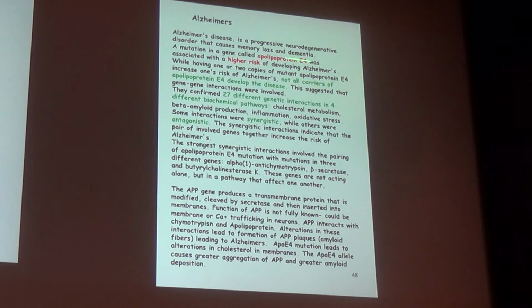And there was this big study that was performed, and they basically found 27 different genetic interactions in 4 different biochemical pathways that affected Alzheimer's, or a predisposition to Alzheimer's. So it's a very complicated disease. But they're using principles very similar to what I just showed you. So you can basically begin to understand.